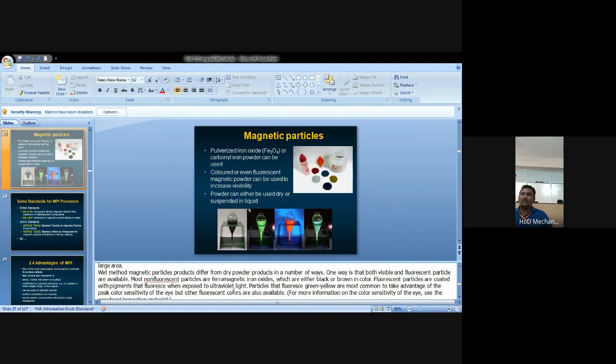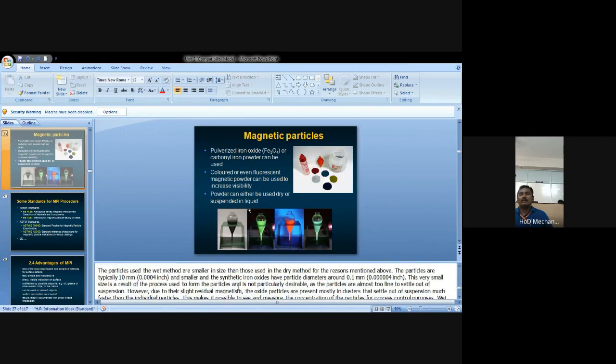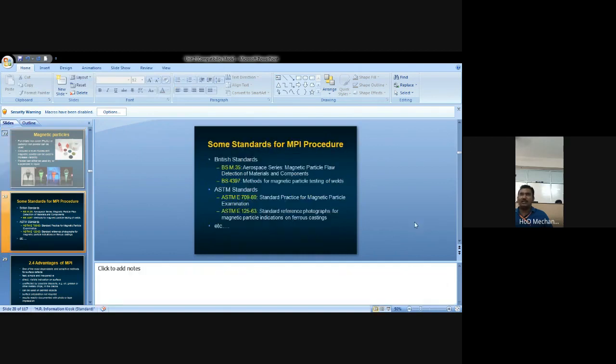The fluorescent particles are coated with pigment that fluoresces when exposed to ultraviolet light. The particles used in the wet method are smaller in size than those used in the dry method, for the reasons mentioned above. So that is the reason for the use of magnetic particles in this NDT method.